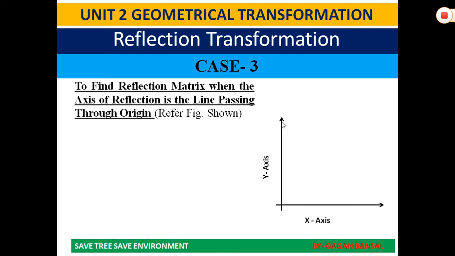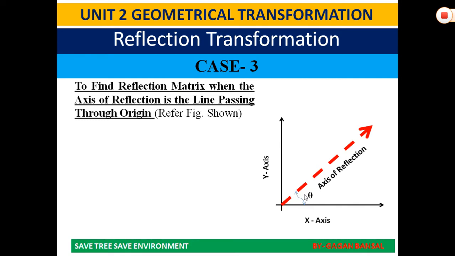We know that suppose we have an xy plane in which there is a line which is passing through the origin, that is this red line which I have shown is the axis of reflection, and we want to find the reflection matrix for the point which is reflecting about this particular line. So a line passing through the origin having intercept 0.